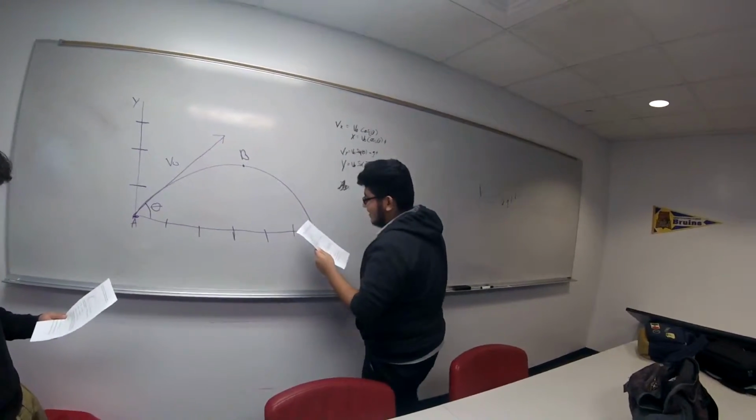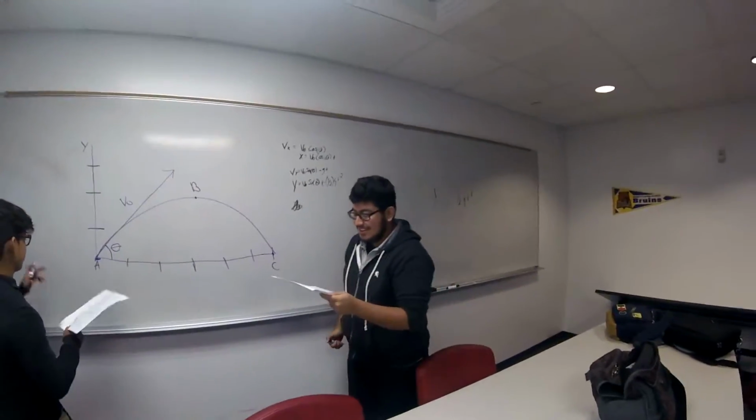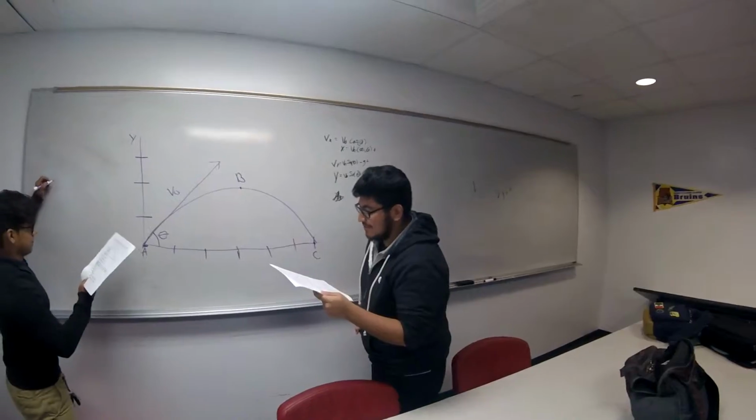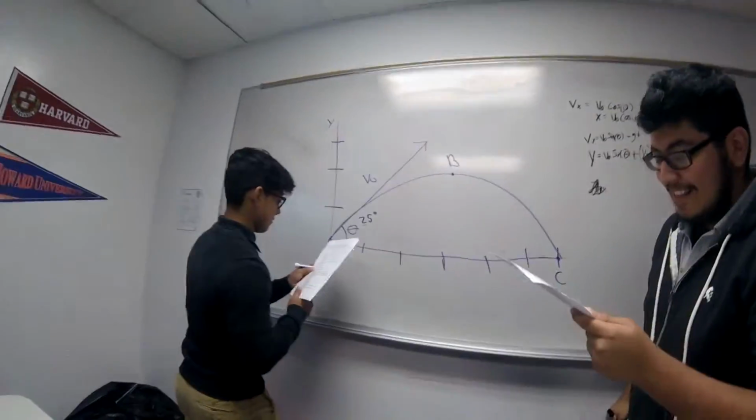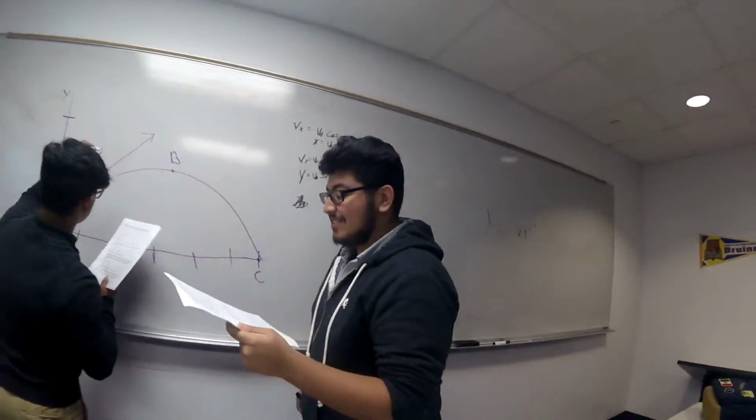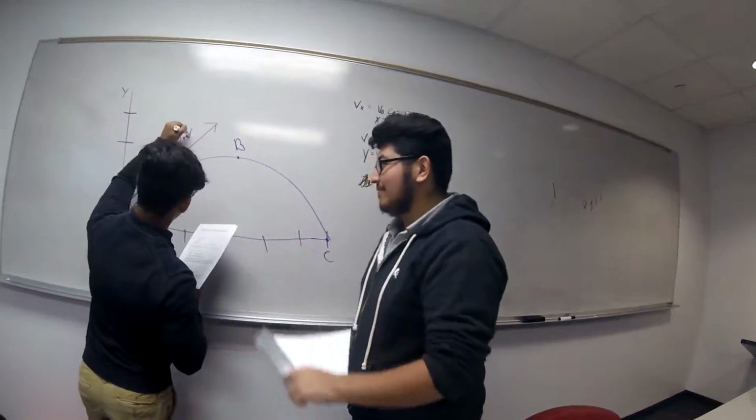In the problem, V naught equals 20 meters per second, and theta is 25 degrees, so theta equals 25. And g is the constant, which is 9.8 meters per second squared.